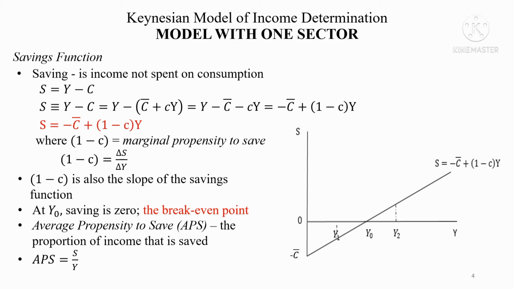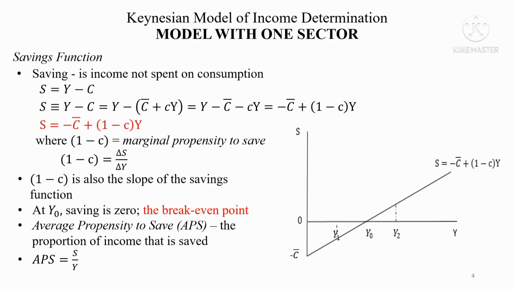We will define also the saving function. Saving is income not spent on consumption. So we denote saving as S, income as Y, and consumption as C. S is equal to Y minus C. From this equation, we can derive the saving function.